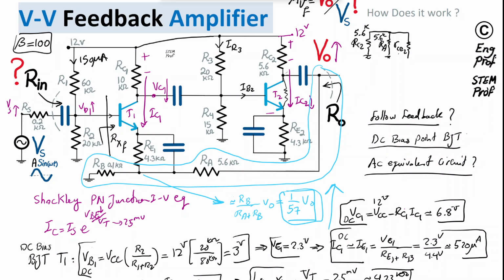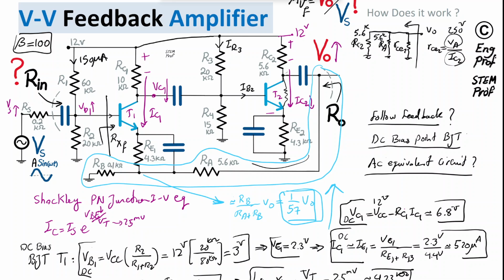So RCE, or let's do the small signal notation, RCE2, and this is Vout, but this is without feedback yet. RCE2 is just the Early effect voltage divided by the bias current of transistor 2. The Early voltage is roughly 200 volt to 250 volt.